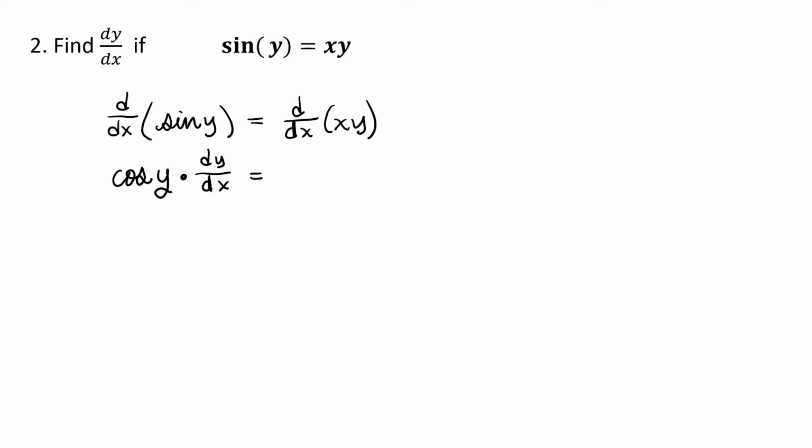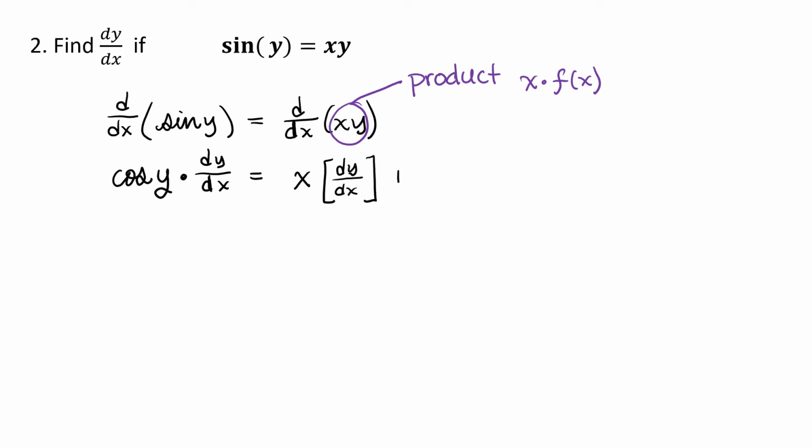And when we take the derivative of xy, this is a product. We have x times f of x, so that's two functions being multiplied together, because y is f of x. So we'll have to do the first function, x, times the derivative of the second function, so the derivative of y, which is dy dx, plus the second function, y, times the derivative of the first function.